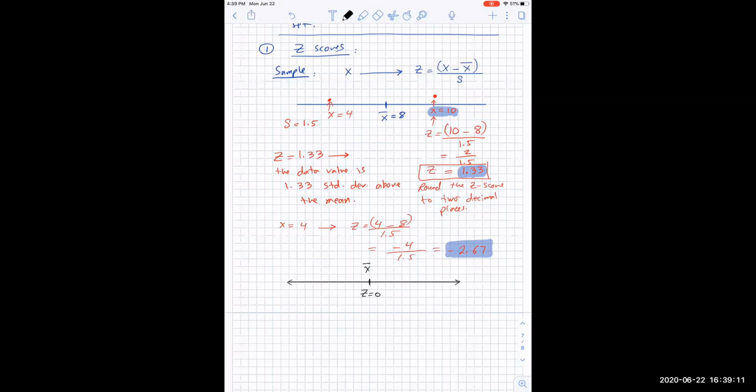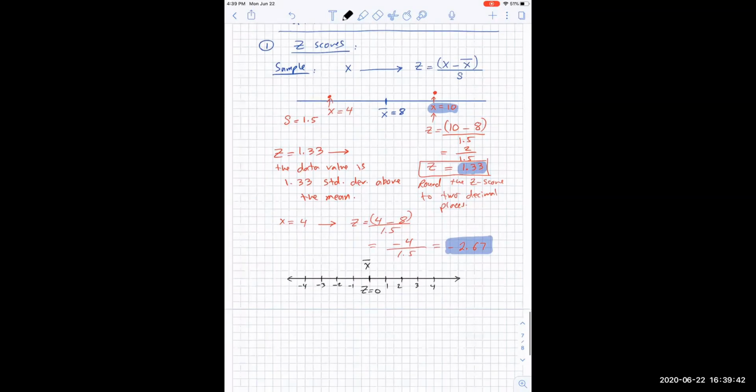The sample mean has a 0 z-score, and all the data values that are to the right of the mean have positive z-scores. All the data values below the mean have negative z-scores. Okay.